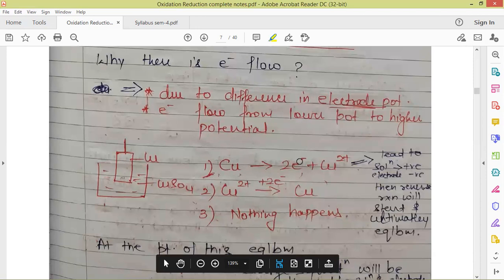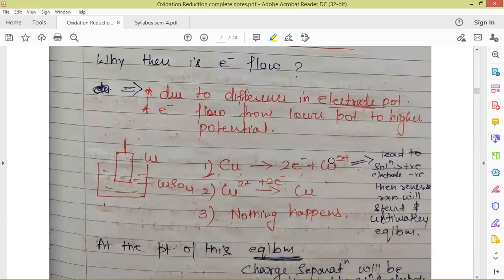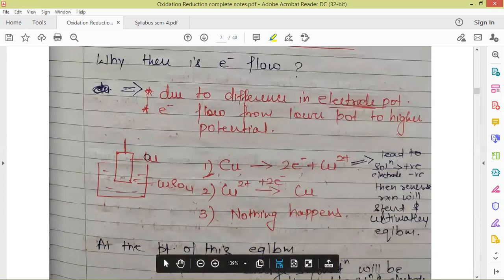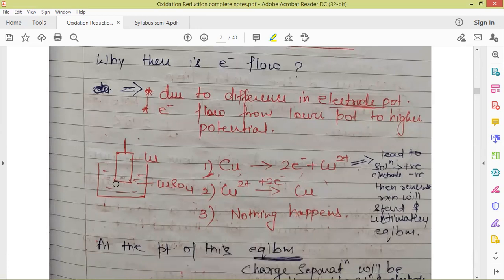But if one of the first two possibilities is happening, then it will lead to a change. If the first thing is happening, the solution is going to be more and more positive, and the electrode more and more negative. In some time there will be saturation, the reverse reaction will start, and ultimately equilibrium will be achieved.